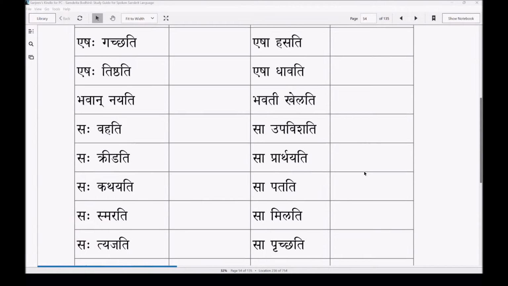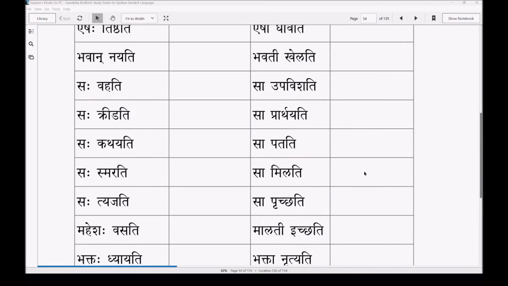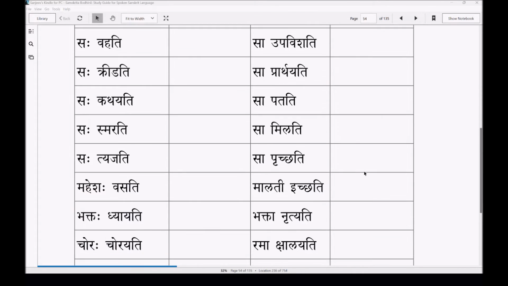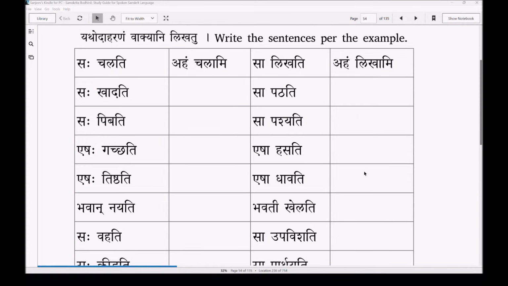Here, I hope you understand the meanings of these words. Do you have any question on any of these words or their meaning?